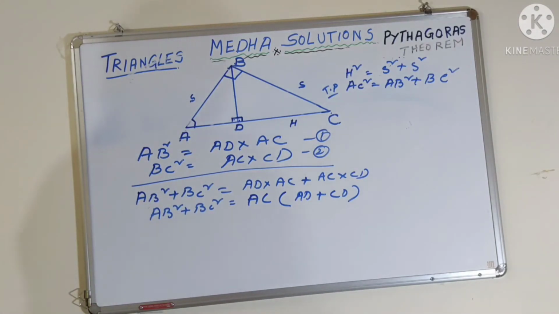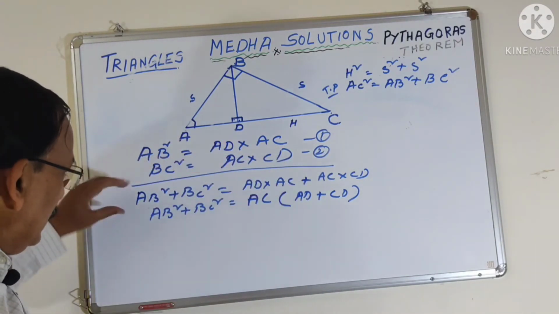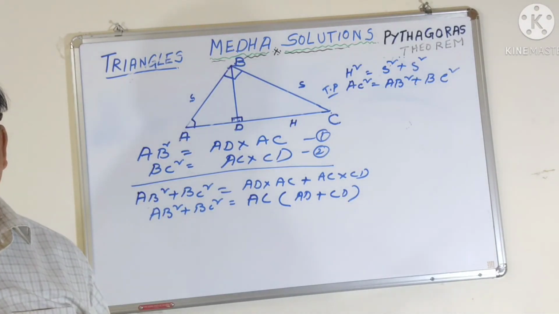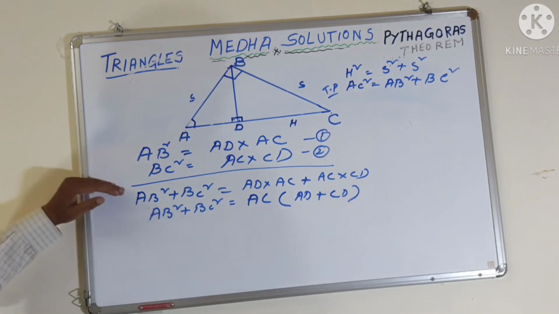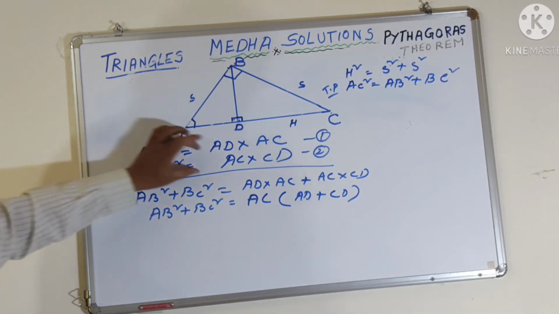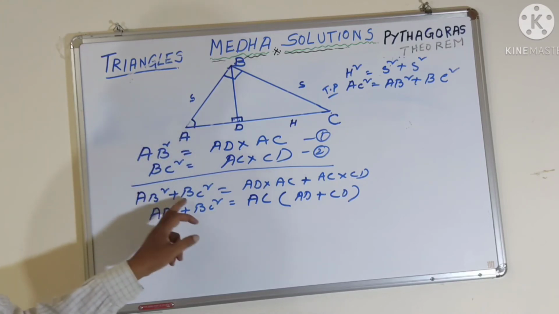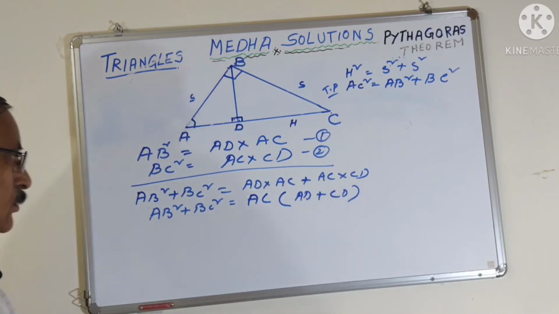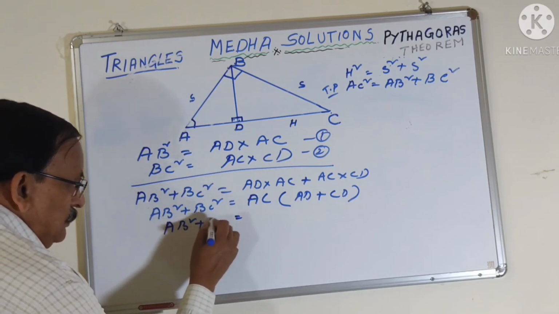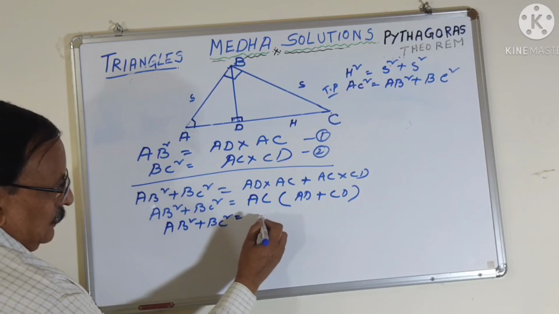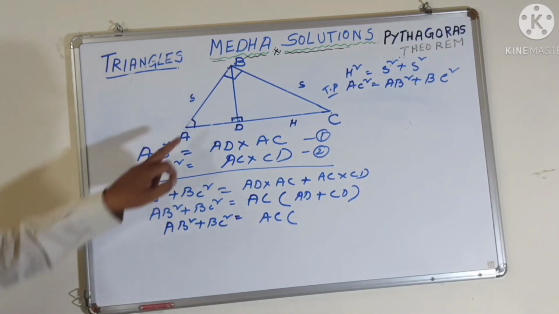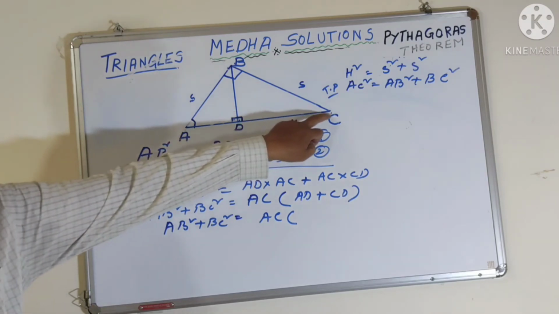Each and every person will follow up to this level. Here I observe that so many students get stuck. What we have to do? We have to add the equations, and then AB square plus BC square is equal to AC into AD plus CD. Here AD is there, here CD is there.